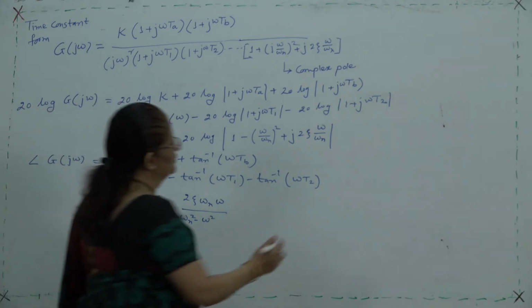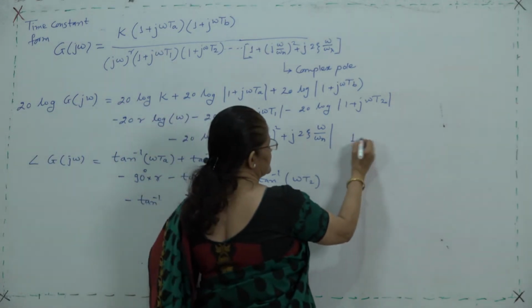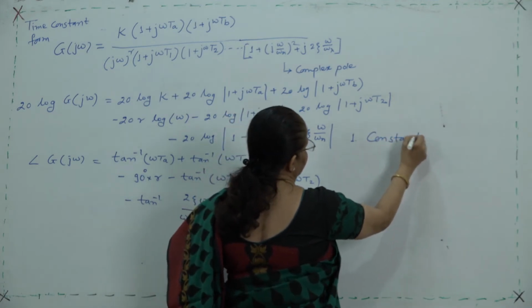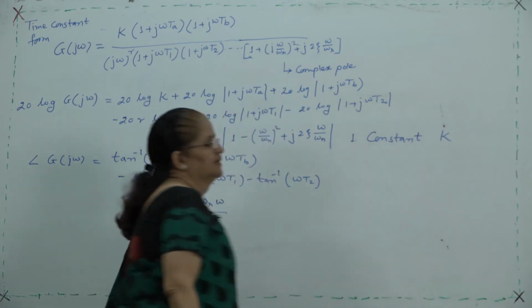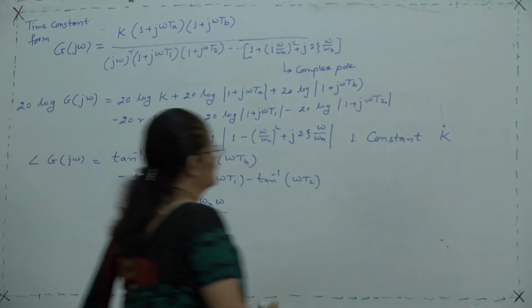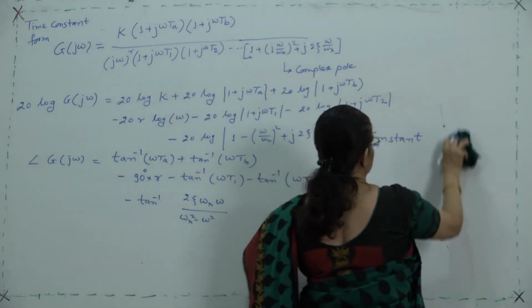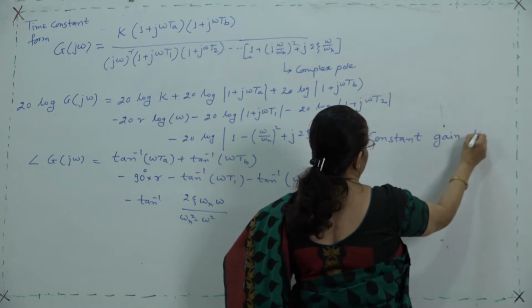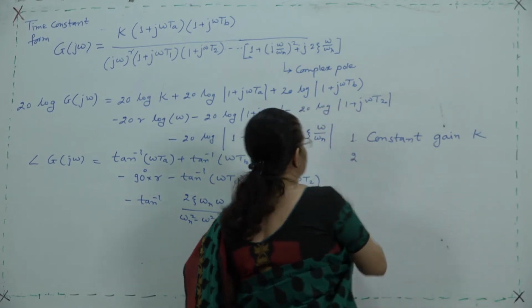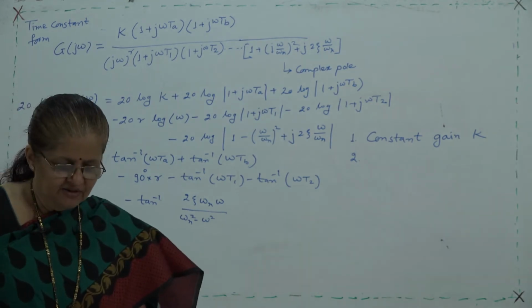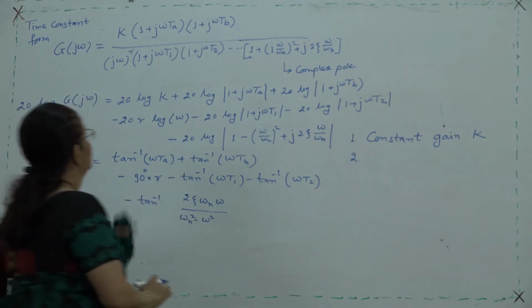See here, first you have to consider the constant k. This constant k means we have to consider constant gain, the first term 20 log of k. So, how to draw it, that we have to consider.